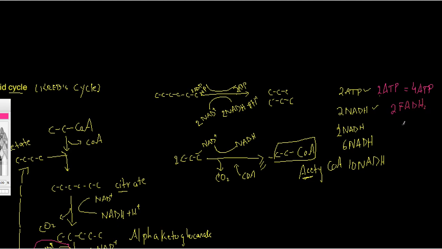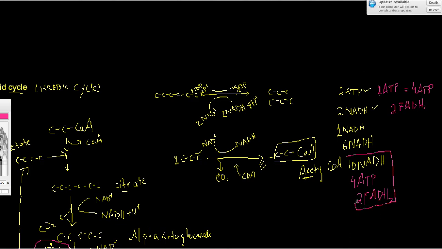So at the end, just to make it a little bit cleaner, we had 10 NADHs, 4 ATPs, and 2 FADH2s. So this is our product which we were able to receive from the whole process: 10 NADHs, 4 ATPs, and 2 FADH2s.